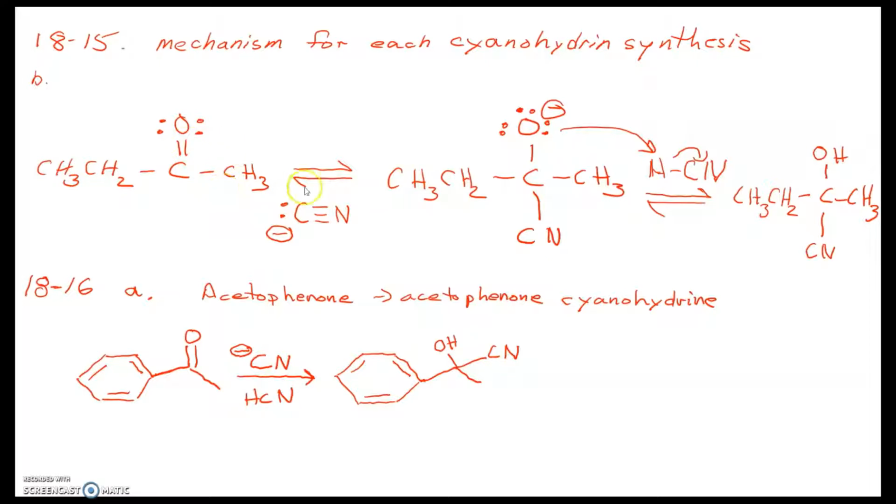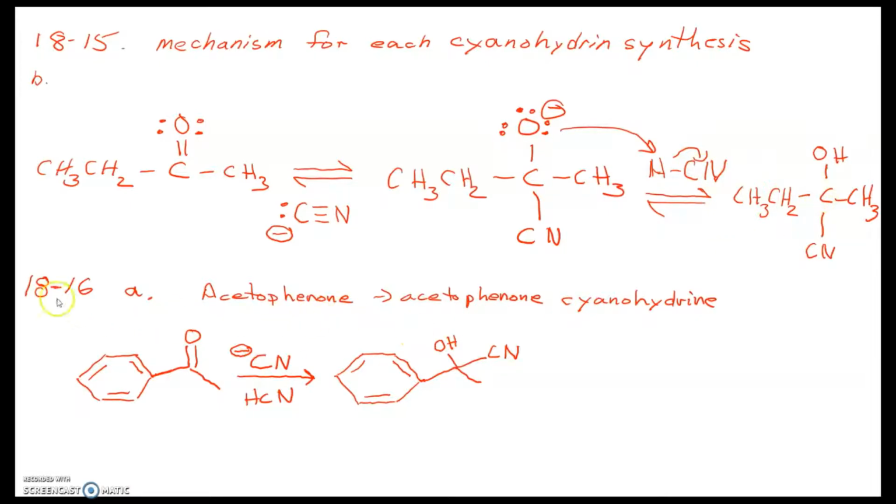Then cyanide ion will attack the carbon, and when the attack is made, one of the pairs between the carbon and oxygen is going to shift, and it's going to give us this intermediate. When the intermediate is formed, the oxygen uses one of these pairs to grab a hydrogen from hydrocyanic acid. Then the cyanohydrin is made.